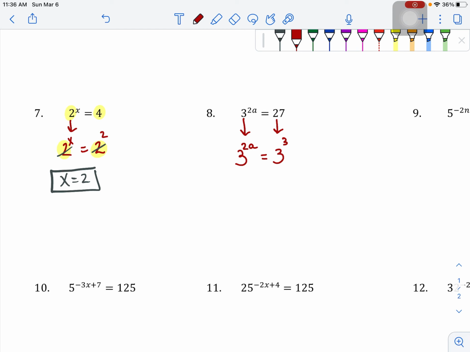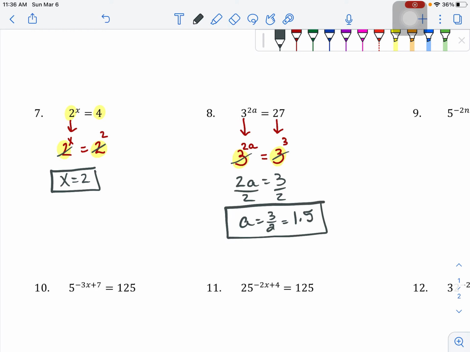So now I have the bases the same, and I'm going to cross them out, and 2a equals 3. Divide by 2, and a is 3/2, or you can write 1.5. Either way is acceptable.